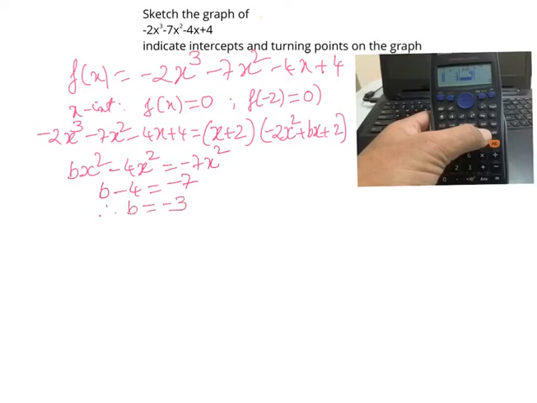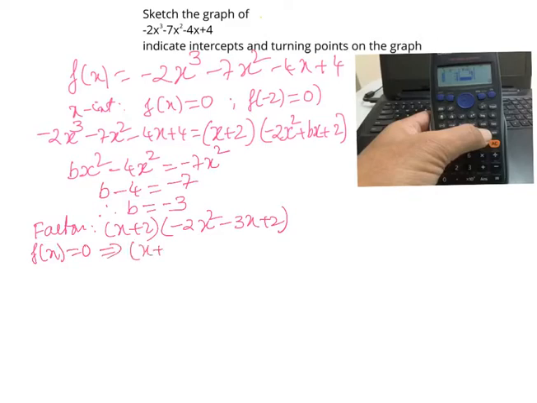Therefore, my factors are x plus 2 times negative 2x squared minus 3x plus 2. So when I say f of x is equal to 0, it implies that x plus 2 times negative 2x squared minus 3x plus 2 is equal to 0.